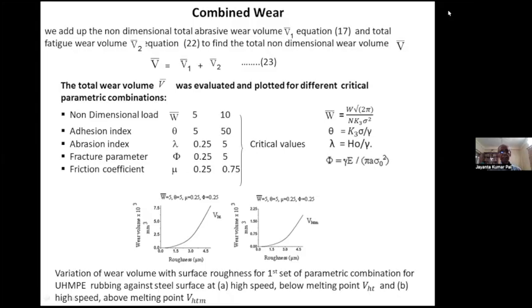And again, there are two plots we have made. One is shown in A, high speed below melting point, HT, and in the second plot, it is high speed above melting point, HTM.